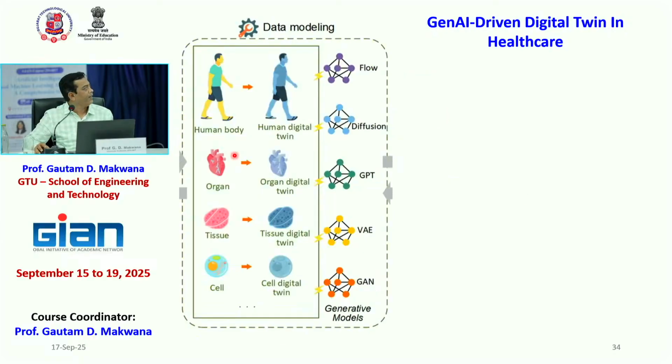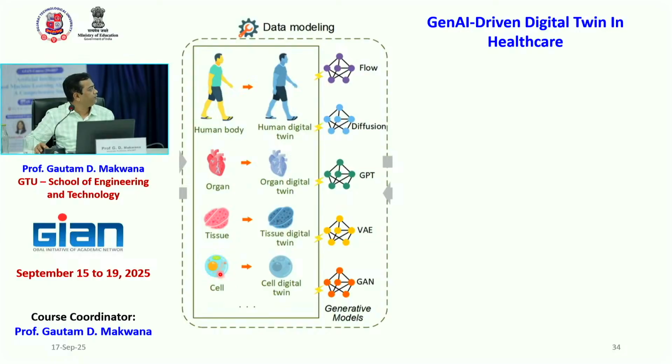Now, in the same way, this is your physical component of the body: human body, organ, tissue. And the same parts are developed in the digital twin. That is the human digital twin, organ digital twin, tissue digital twin.